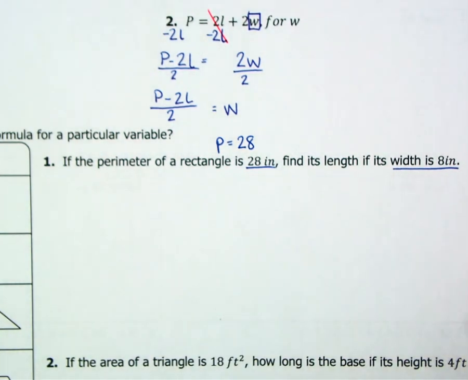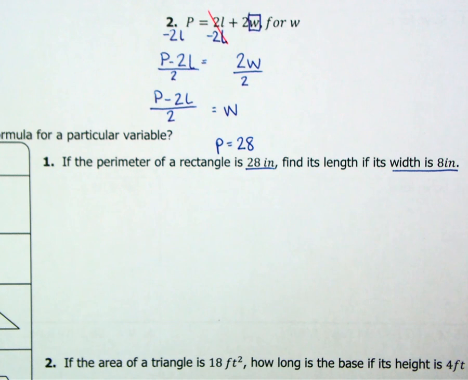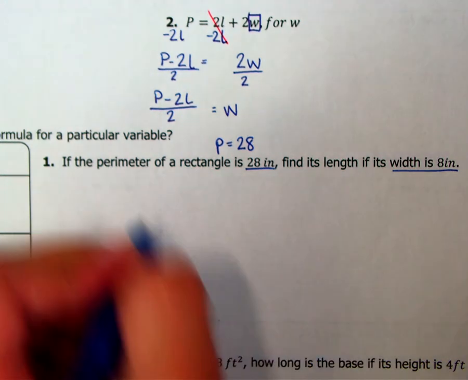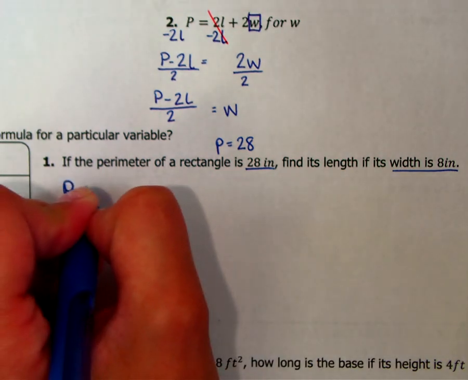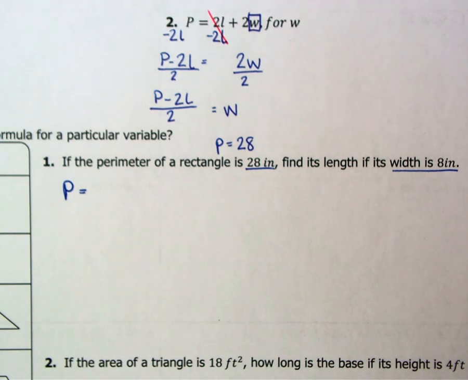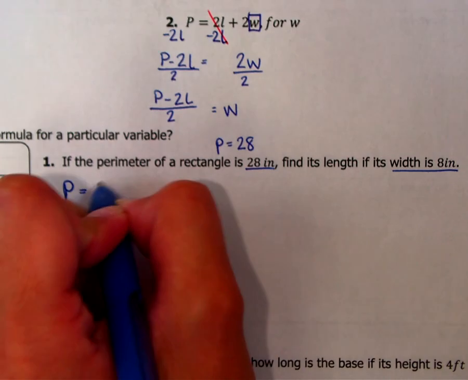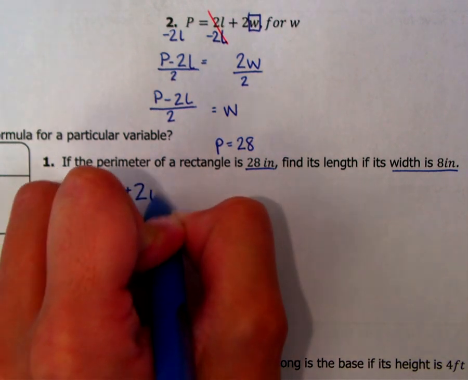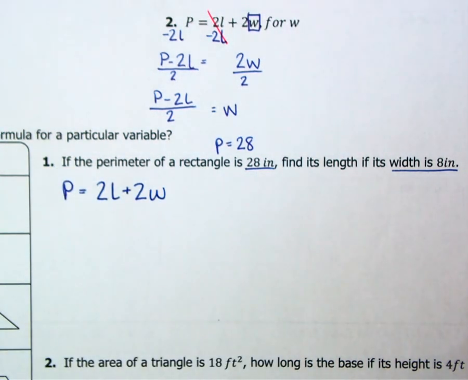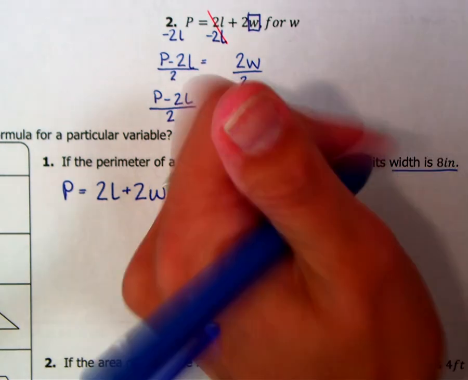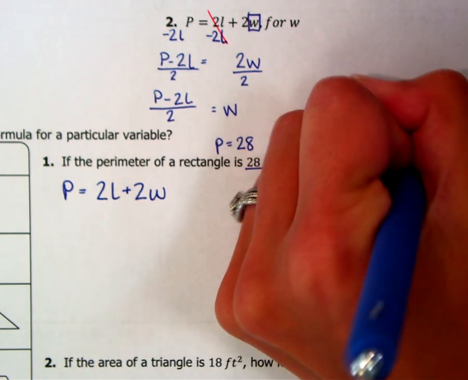Let's back up a step. What's my formula for perimeter of a rectangle? Good. All right, perimeter of a rectangle is 28 inches. Find its length if its width is 8. So we're finding L and W is 8.